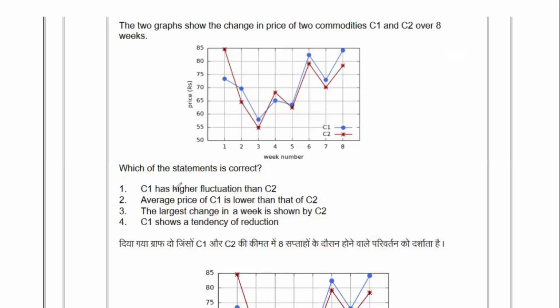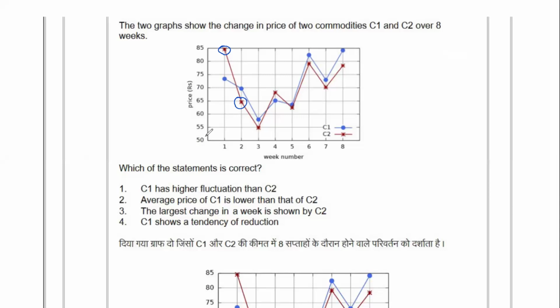So the fluctuations, they're only giving you change in price, right? From 85, if I consider C2, in week number 2, it goes to 65, change in price. So remember, the graph shows the change in price.